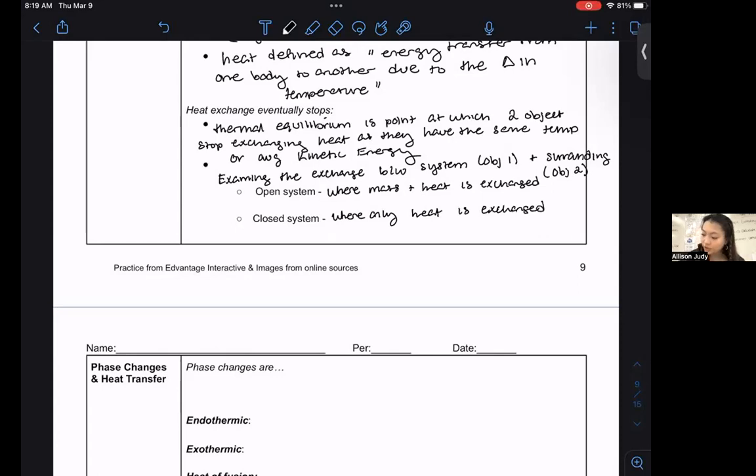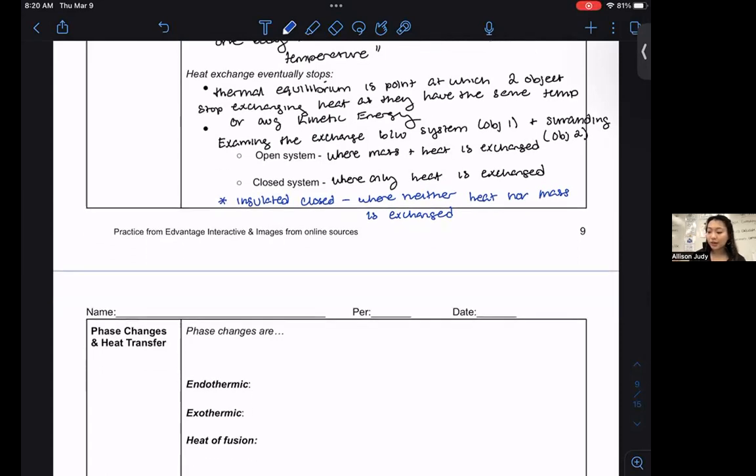Particularly for us in this unit, we really want to know, are we an insulated closed system, where neither heat nor mass is exchanged between system and surroundings? So that's just a little terminology for you to understand the boundaries we often have to define when discussing heat transfer and making calculations. It's also a generic term you should understand when creating the parameters for an experiment.